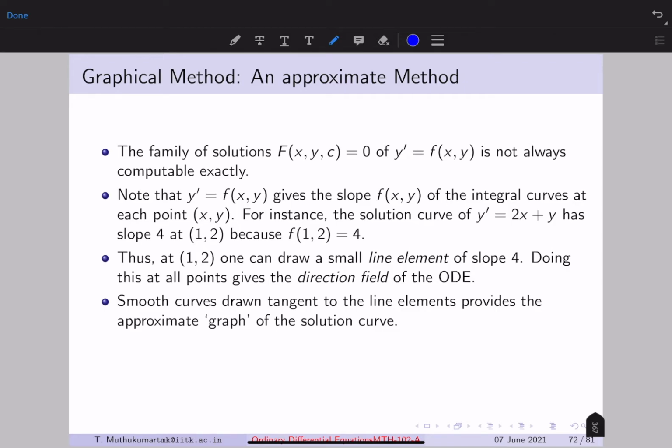Now you draw smooth curves tangent to the line elements, and that is going to give you an approximate graph of the solution curve. Okay, so in this way you can plot the shape of the unknown solution just using this ODE, using this f of x, y on the right hand side.